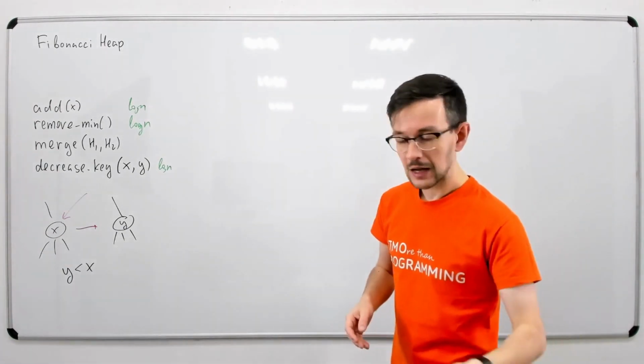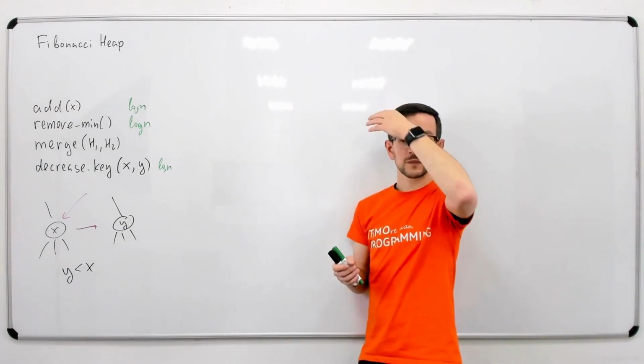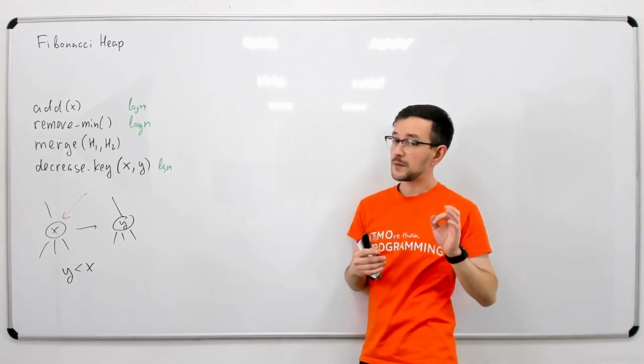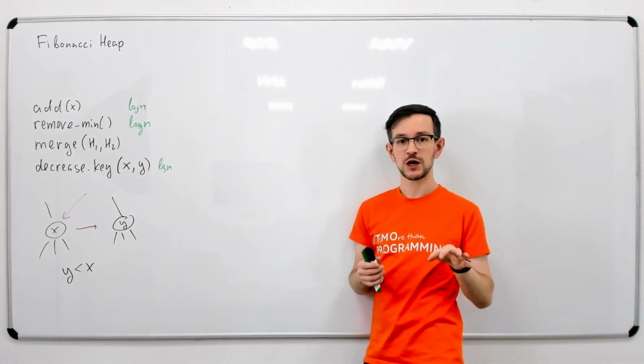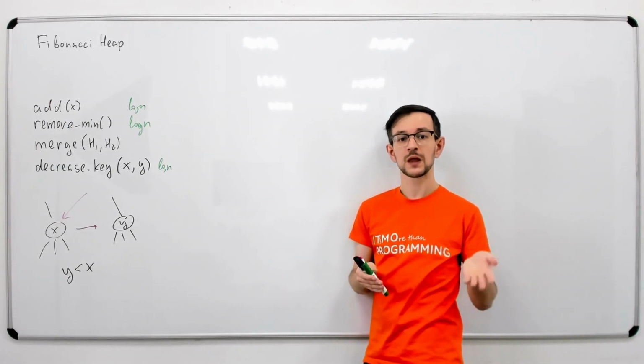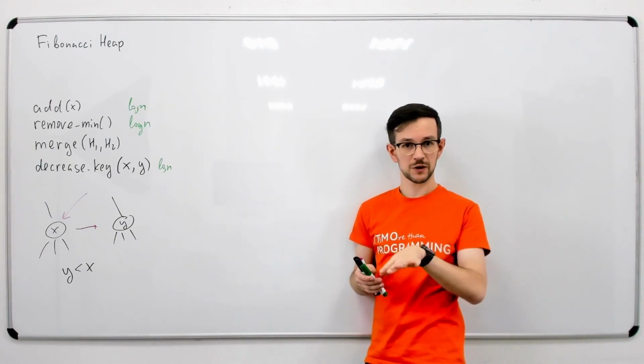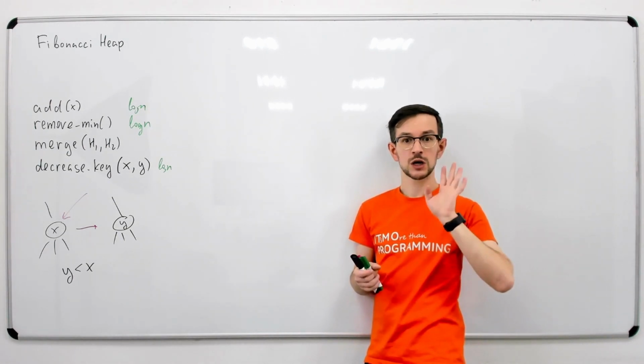Now, first, before we learn what a Fibonacci heap is and how to make one, we will learn some simpler heap, which is the binomial heap.